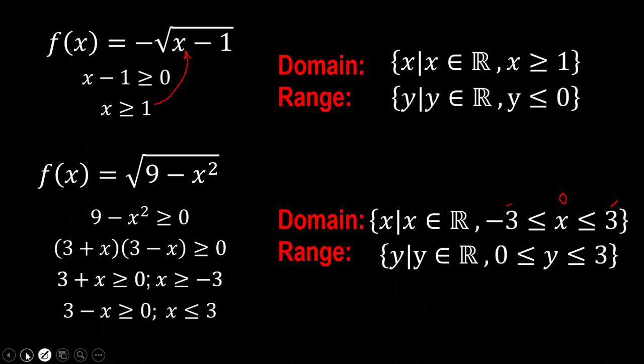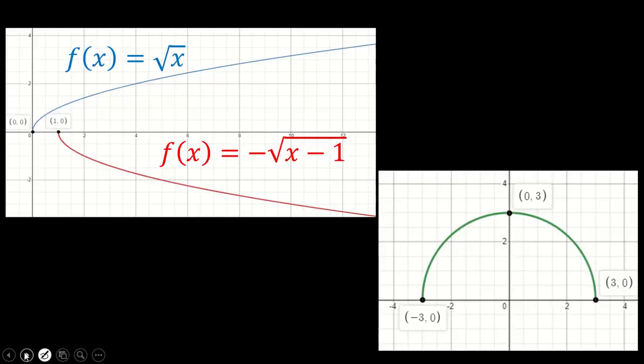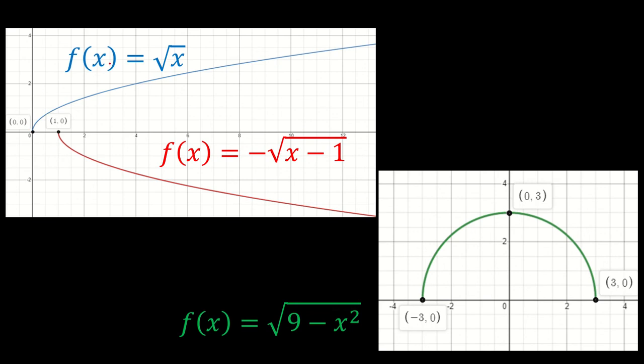For you to understand it more, let's have the graph. Here we have the parent function square root of x, and then the negative square root of x minus 1. As you observe, the domain is x greater than or equal to 1, and its range has only negative values, so y is less than or equal to 0.